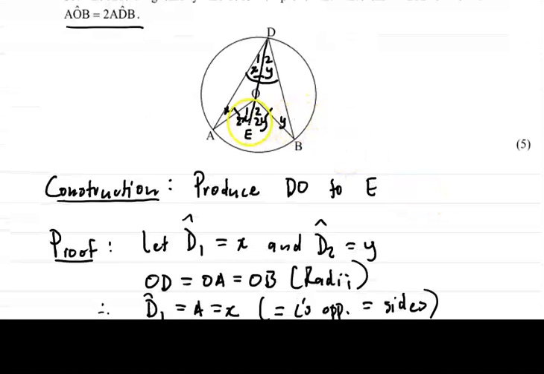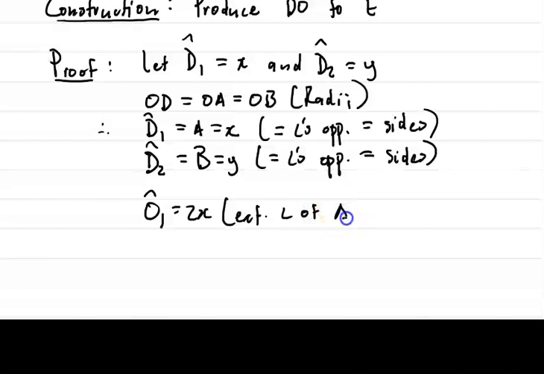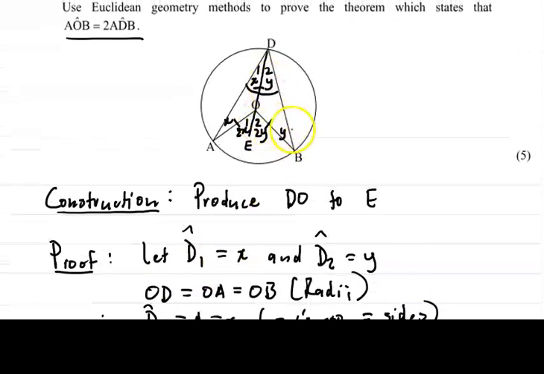And then the next reason that we used was the exterior angle of a triangle equals the sum of the interior opposite angles. So O1 equals 2x, exterior angle of triangle. And O2, there's O2 here, is equal to 2y.